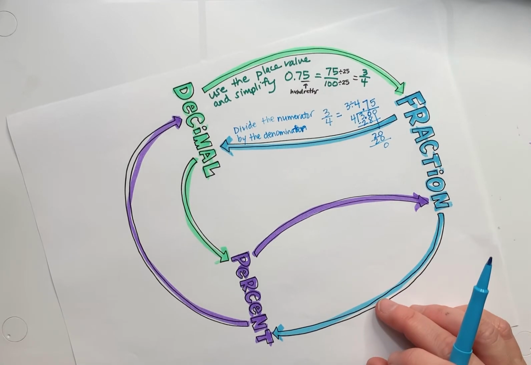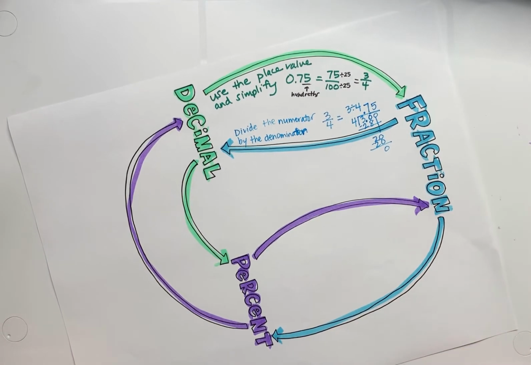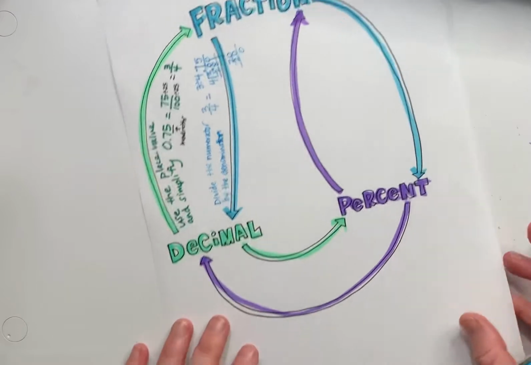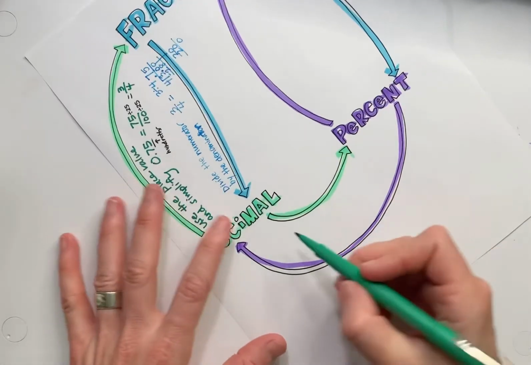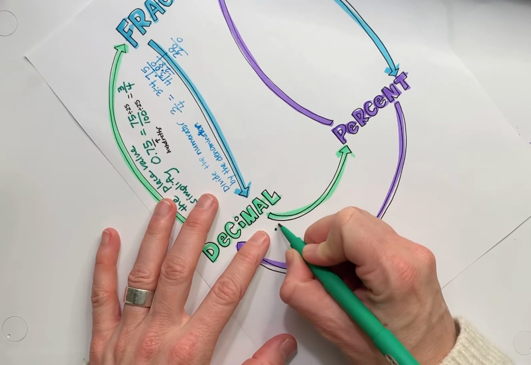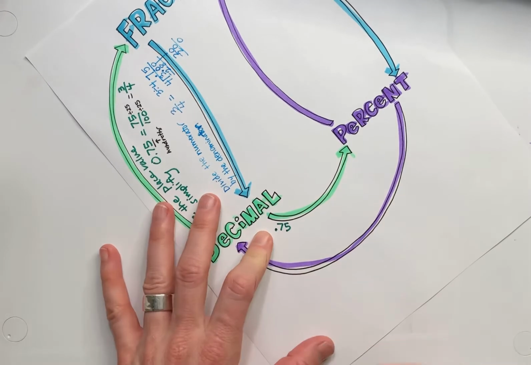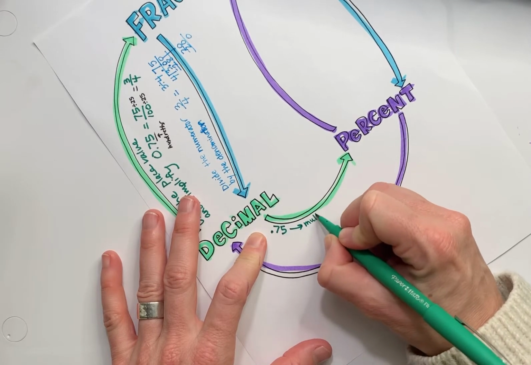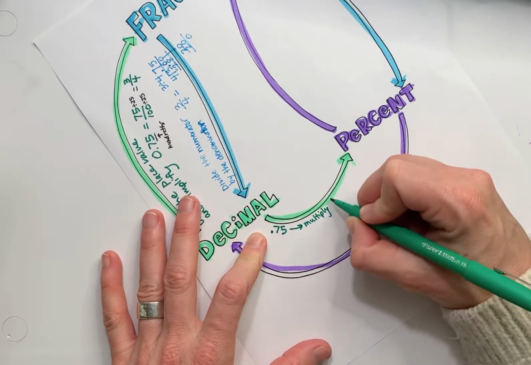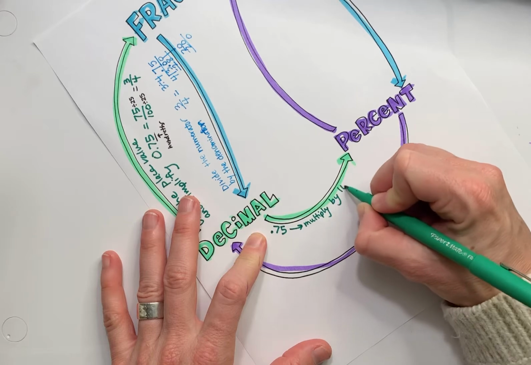Okay, so the next one we're going to do is the conversion between decimals and percents. So if you have a decimal, let's say something like this, 0.75 again, all you have to do is multiply by 100.